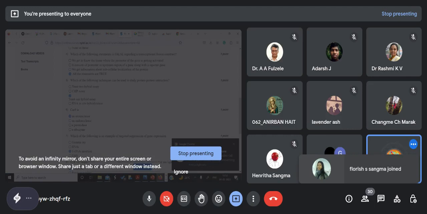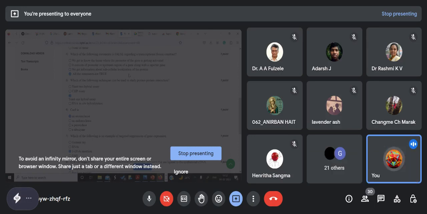I would like to explain it. Regarding a transcriptional fusion construct, we cannot get any information regarding the protein. That would be the translational fusion construct, the previous one which we read about.